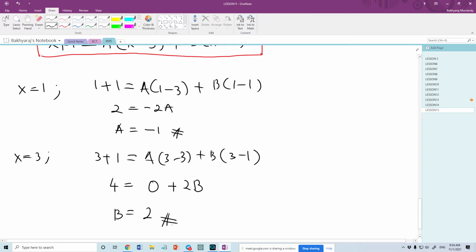Okay, now we can go for the integration. Sekarang kita boleh masuk untuk integration.